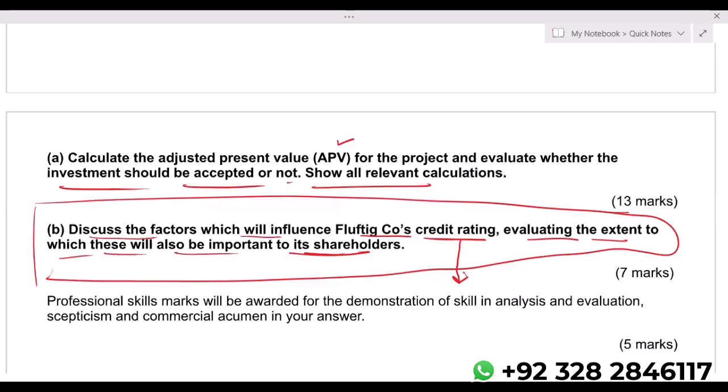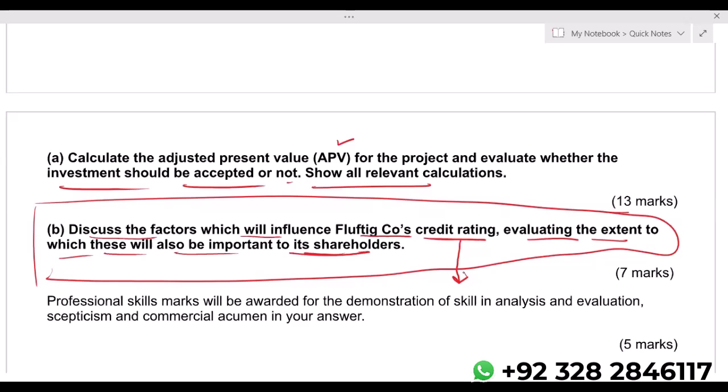So more or less you will be earning the same amount. So through diversification, you have protected your earnings. If you have managed to protect your earnings, then obviously it will have a good impact on your credit rating. Then definitely it will boost the confidence of the shareholders to invest in that organization where earnings are protected.